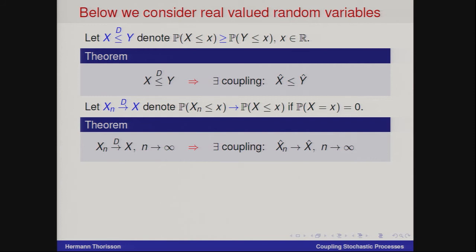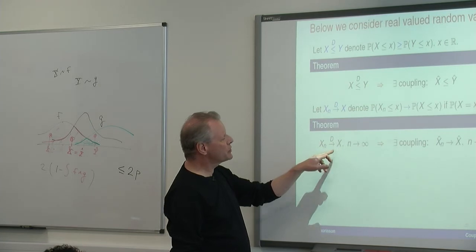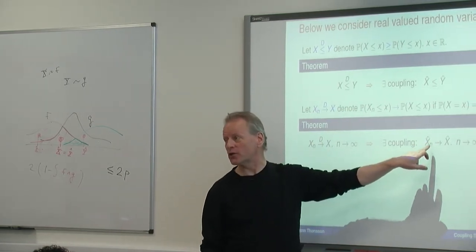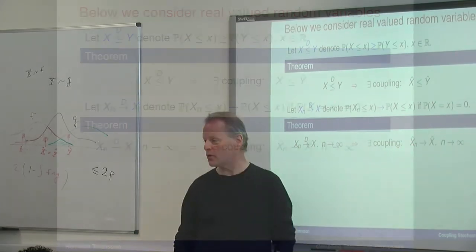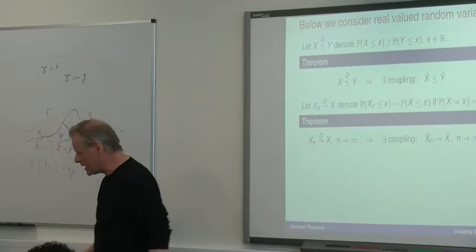This is weak convergence on the line. And the theorem says if we have weak convergence, then there is a coupling, so we have actual pointwise convergence. Usually this is written as almost sure convergence, but since I have a generic probability space, I allow myself to throw out a null set, not to have to write almost surely.